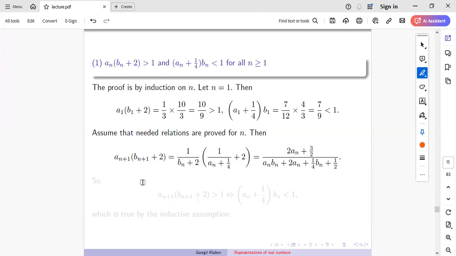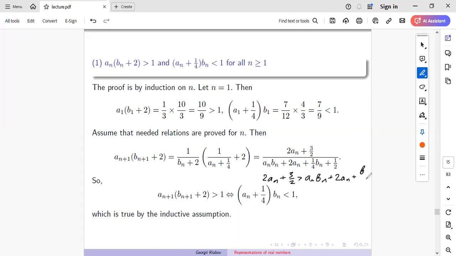And this is bigger than 1 if and only if 2A_n plus 3 over 2 is bigger than A_n B_n plus 2A_n plus B_n over 4 plus 1. We cancel 2A_n and get the condition that B_n times (A_n plus 1 over 4) must be less than 1. This is 1 half.